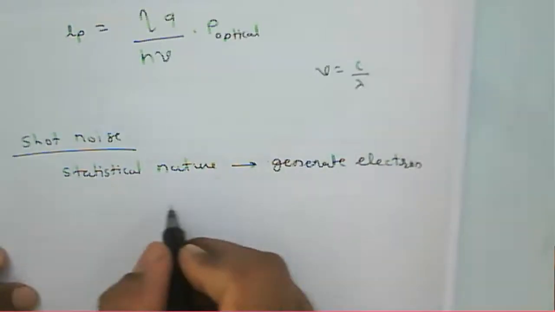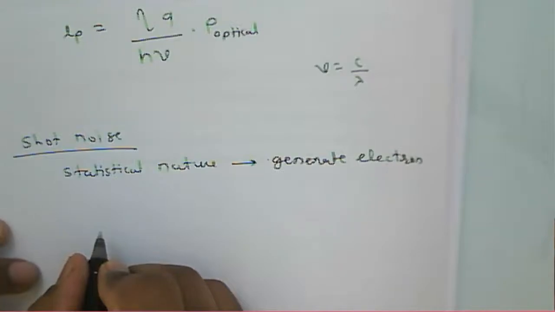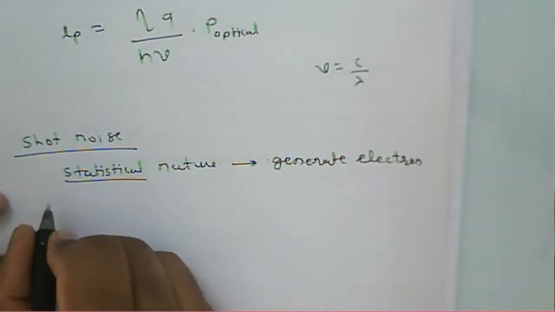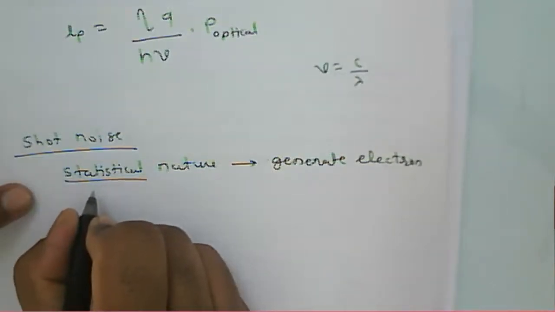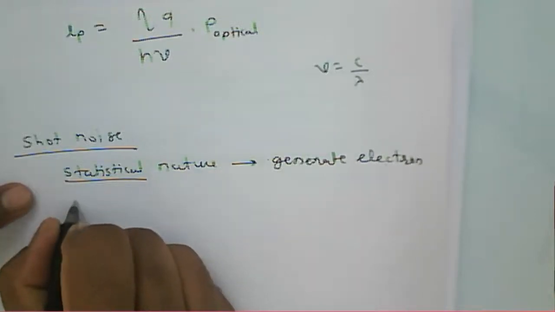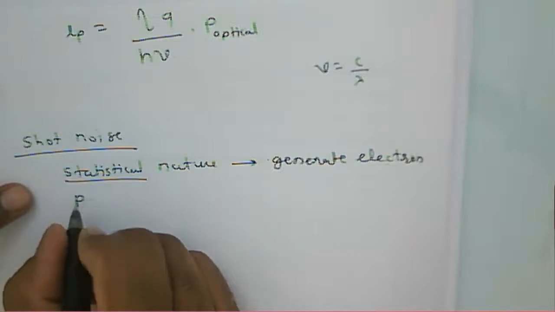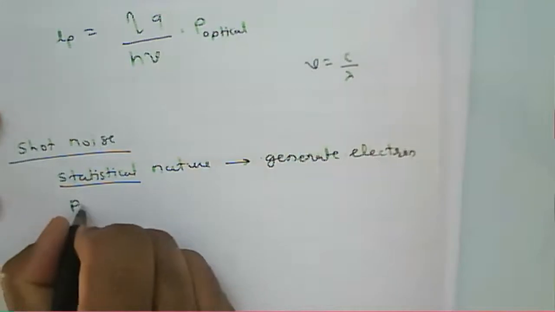When an optical signal is incident on the photodetector. This process is of a statistical nature, and that statistical process follows a Poisson process, or may be called a Poisson process.